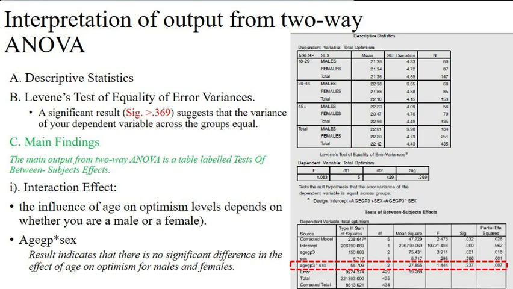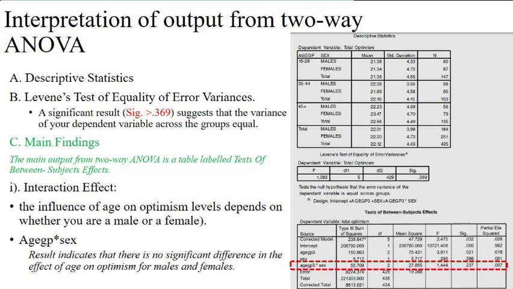It is showing that each age group has been divided into two, male and female. Here the value is 0.237. It is showing that if we subdivide the data which have been already divided into age groups, and further divide it into male and female, the level of optimism does not differ by male and female.